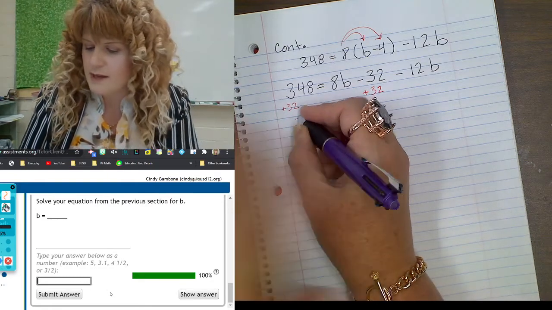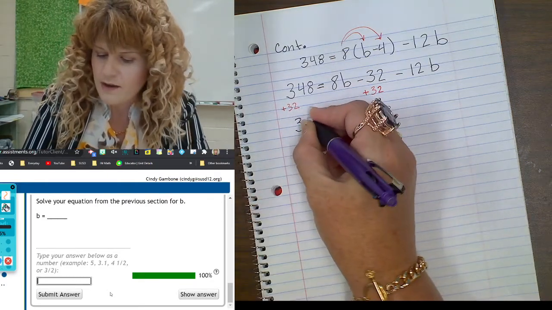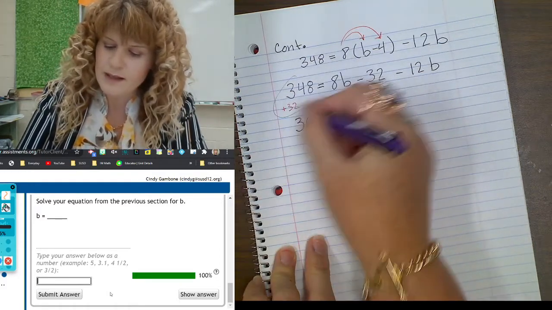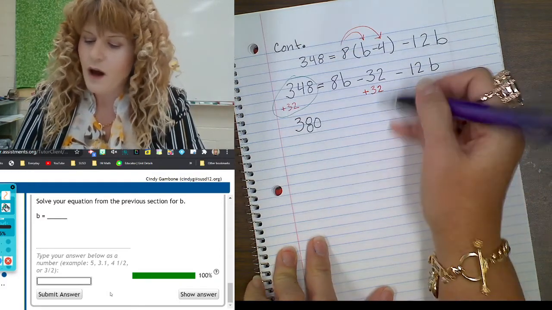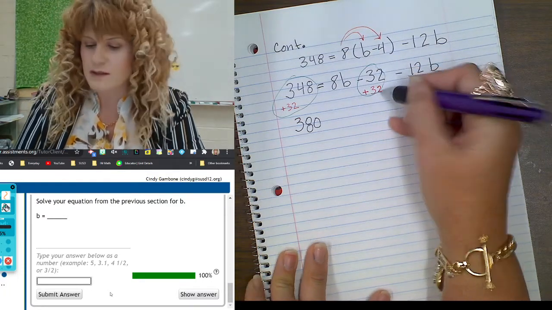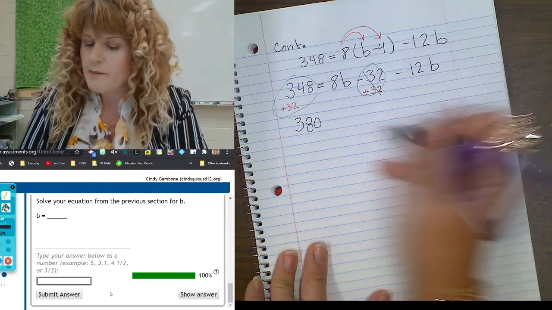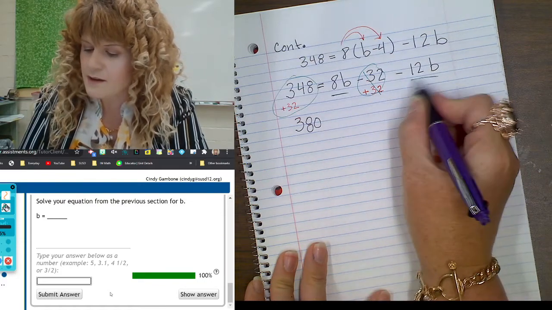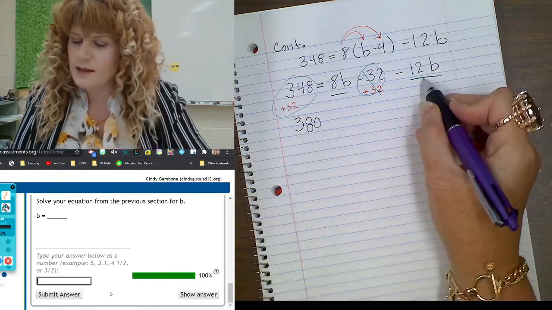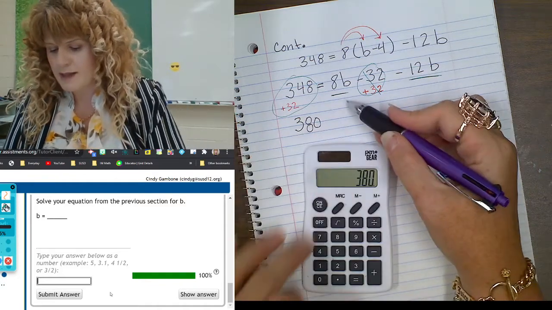So on the left side of the equation, I get 380 because I combined these terms. On the right side of the equation, minus 32 plus 32 cancels out. But I have to add together these b terms. Negative 12b plus 8b.